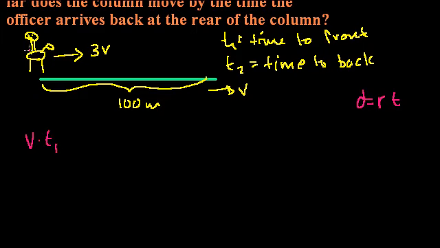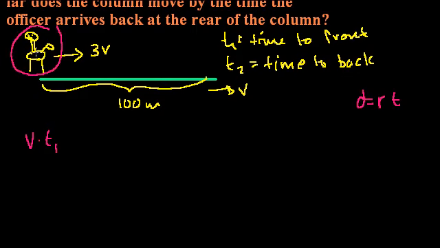And how far is this guy going to move? Well, we're saying over time 1, he moves to the front of the column. So this whole column is moving to the right, and at the same time, this guy's moving to the right faster. So at the end of time 1, which I've defined as the time it takes him to get to the front, what's true about the officer on the horseback?